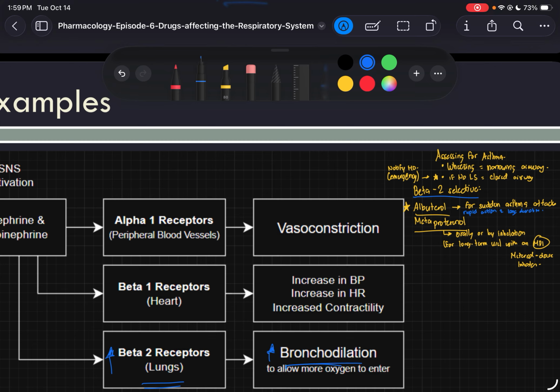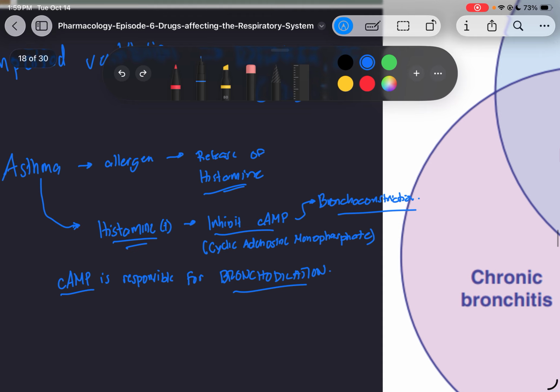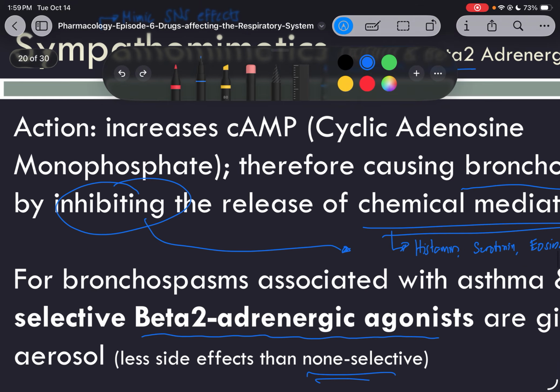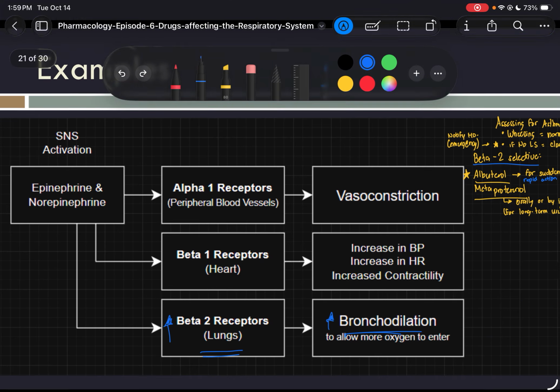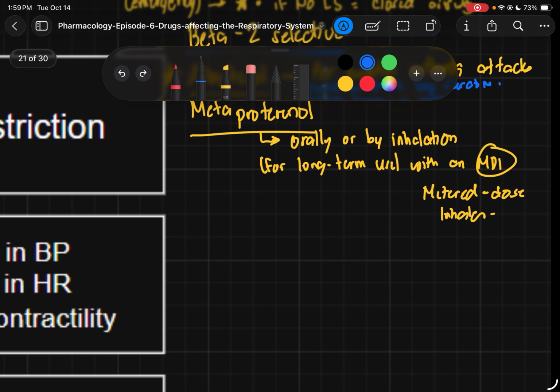The problem with asthma is that it has bronchoconstriction, so you want your lungs to dilate.